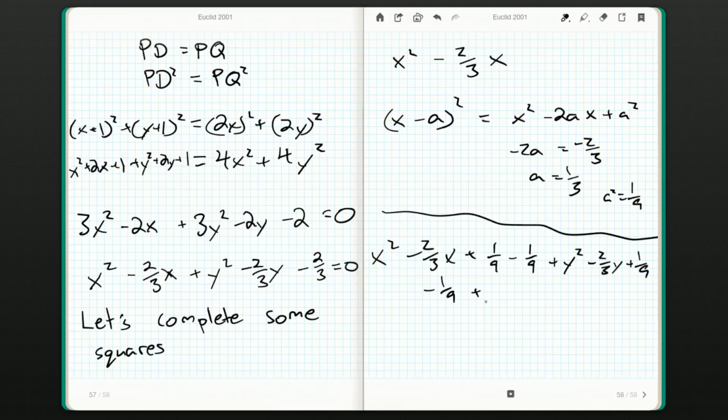And then overall we subtract off 2/3 as well. Okay, well then that simplifies to x minus 1/3 squared plus y minus 1/3 squared, minus 1/9 minus 1/9 minus 2/3 equals 0.